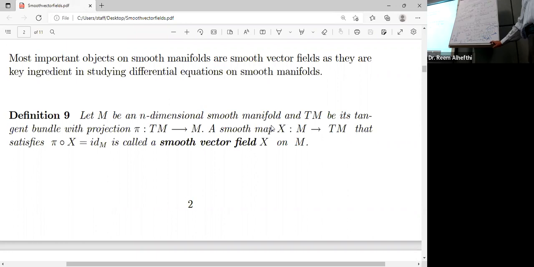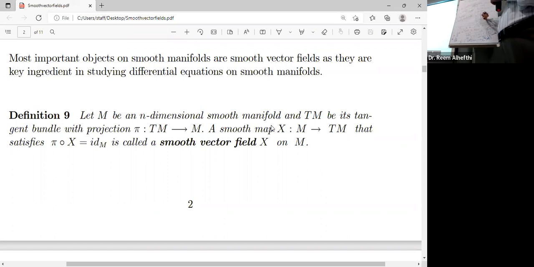Now, because it uses the definition of a tangent vector, and a tangent vector satisfies those two things: linearity with respect to real coefficients, and derivation. So this smooth vector field brings you a map from C infinity M to C infinity M, satisfying two conditions.